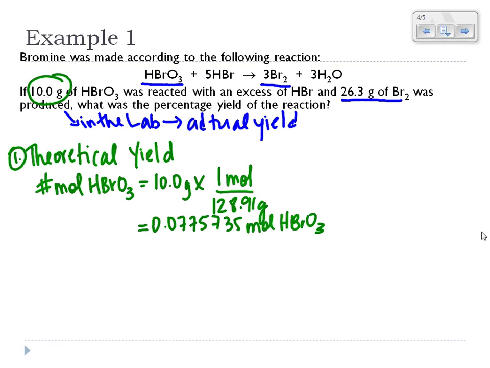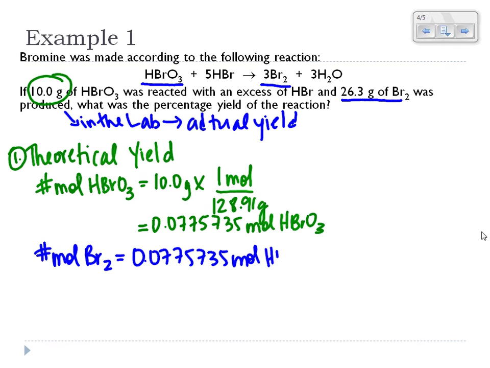So now I'm going to use my mole ratio to find the number of moles of Br2. So I use 0.0775735 moles of HBrO3. That's what I calculated in my last step. And I times that by my conversion factor. So in this case, you have a 3 in front of Br2 and a 1 in front of HBrO3.